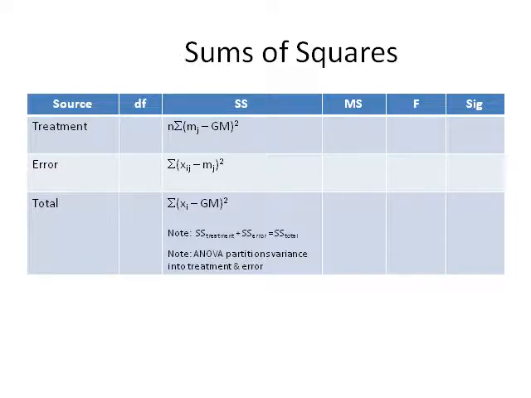Finally, sums of squares total is the sum of the squares of each participant's score minus the grand mean, or 15.